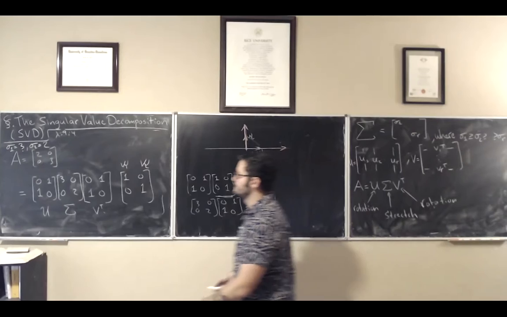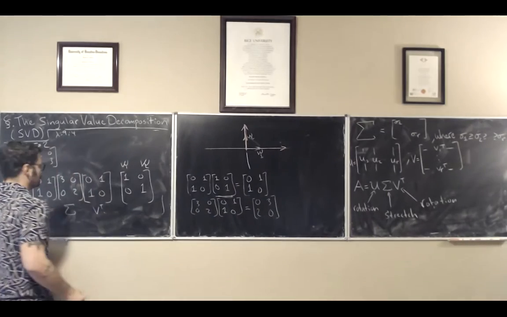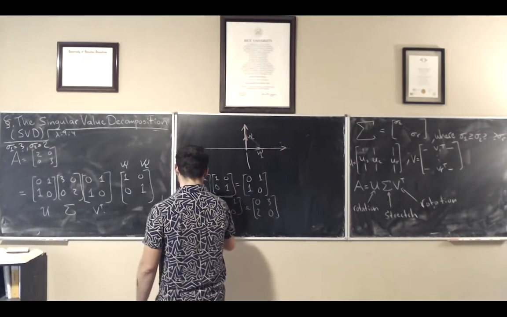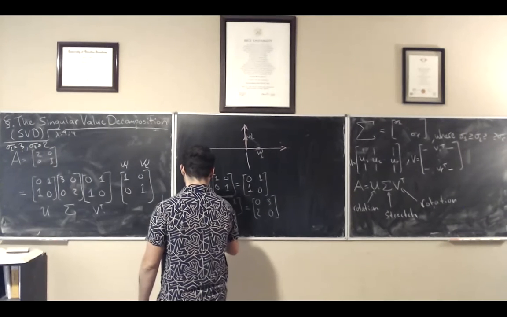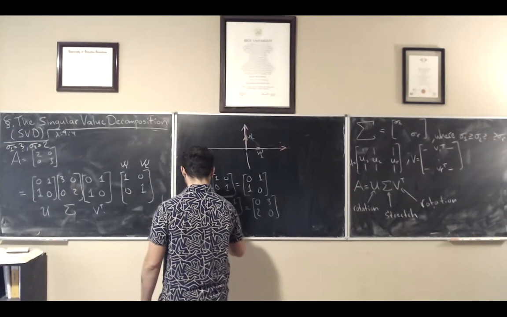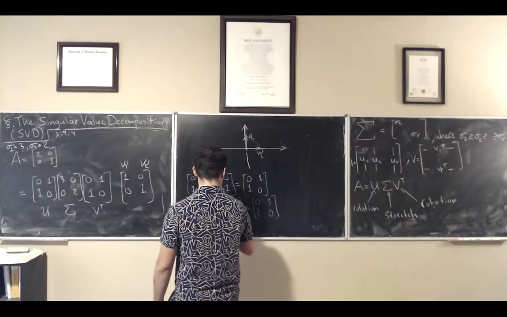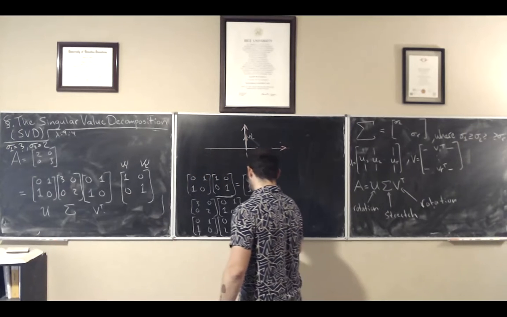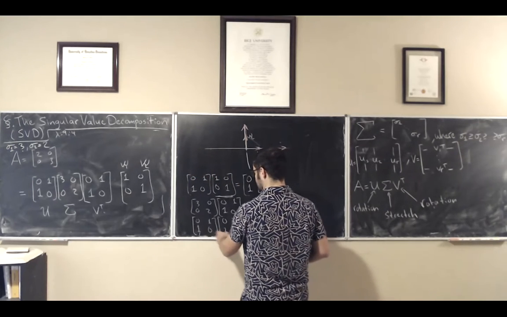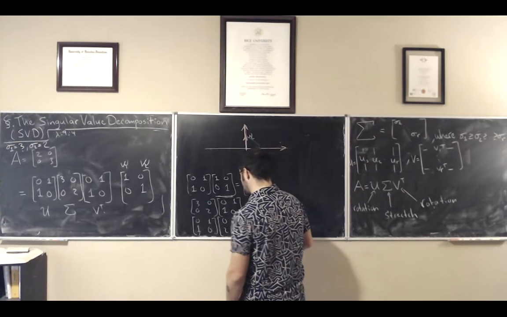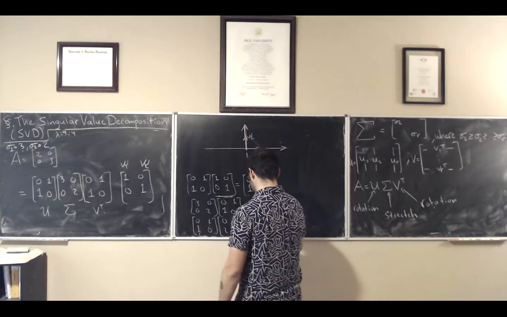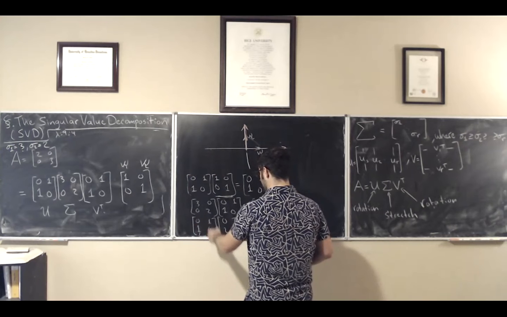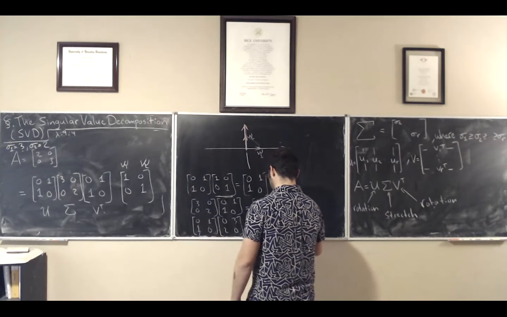And then finally, multiplied by U, this output. And so 0 of that column, 1 of that column, 2 of that column, so 2, 0. 3 of that column plus 0 of that column, so 0, 3.